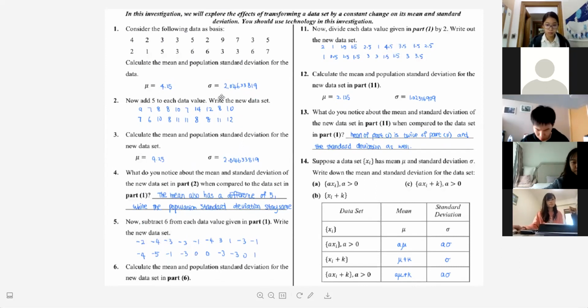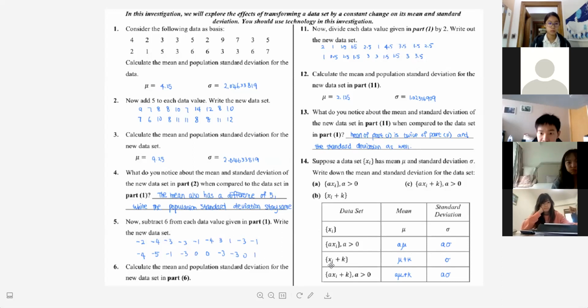So you could see that clearly the standard deviation does not change, but the mean increased by 5 when everything is increased by 5. Okay, and that is a summary for this part, which is 14b.